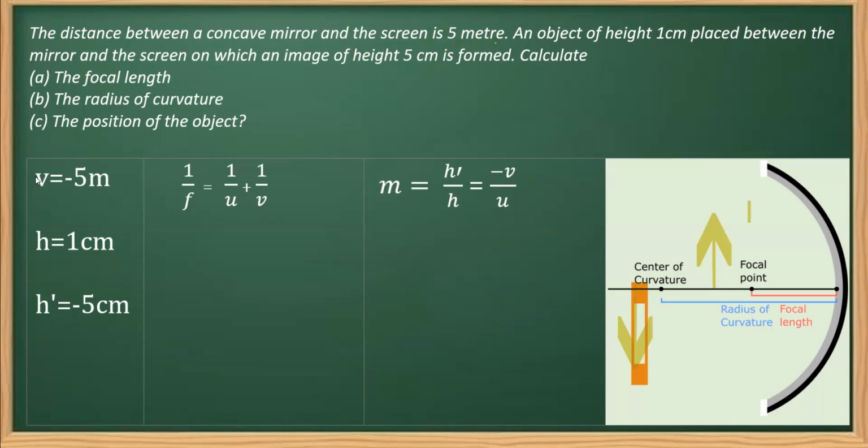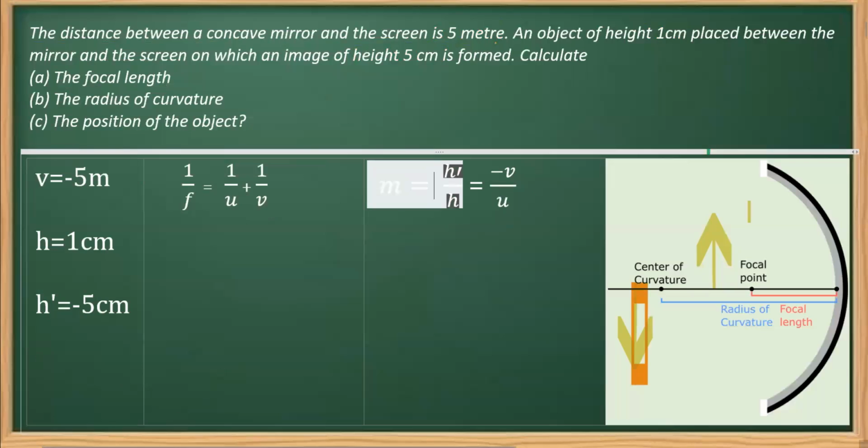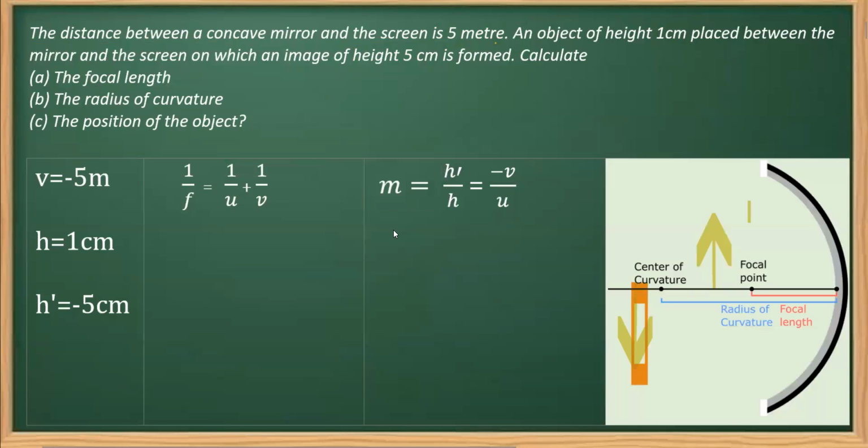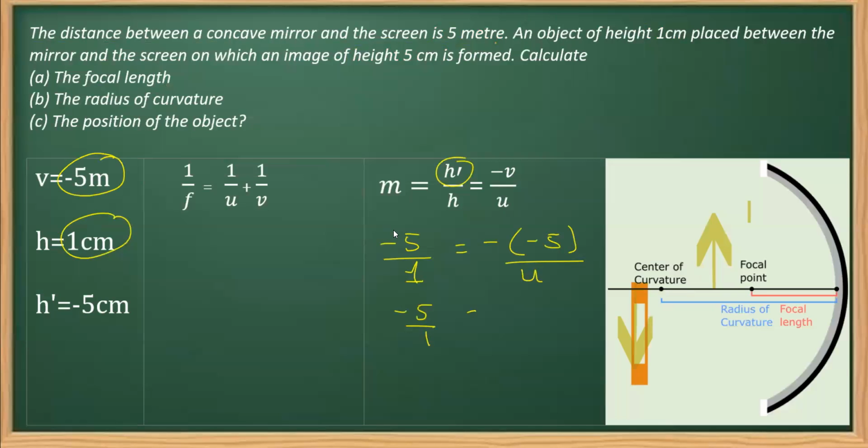Now let's replace the symbols with their values. I can replace h dash as minus 5. In fact, h, which is the height of the object, is positive 1, and this minus is for the formula, and there is another minus, so minus 5 over 1 is equal to positive 5 over u.